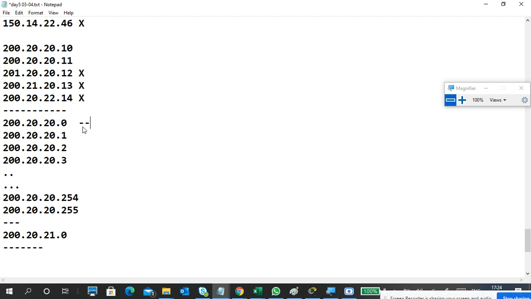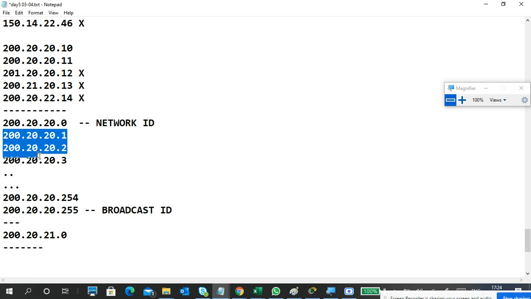The first one we call the network ID. Network IDs we can't assign to PCs. Next, the last one we call the broadcast ID.